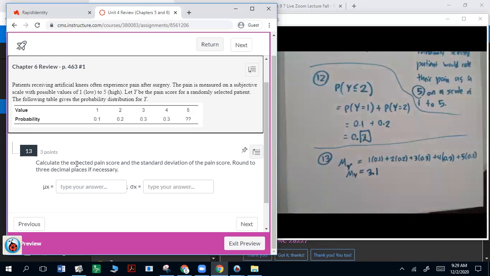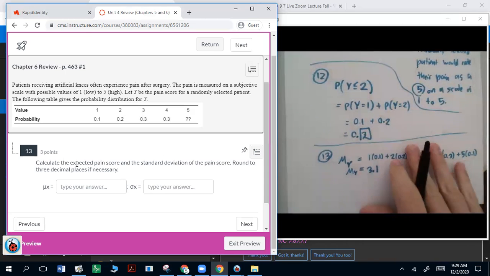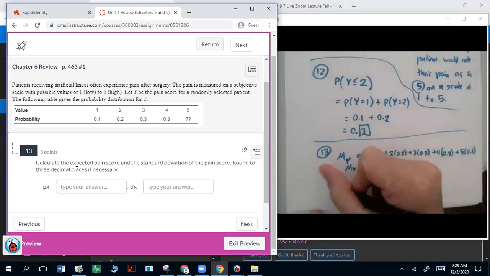So that's, over many people sampled, we would expect that average to be about 3.1 on a scale of 1 to 5. So the standard deviation of Y, not X.